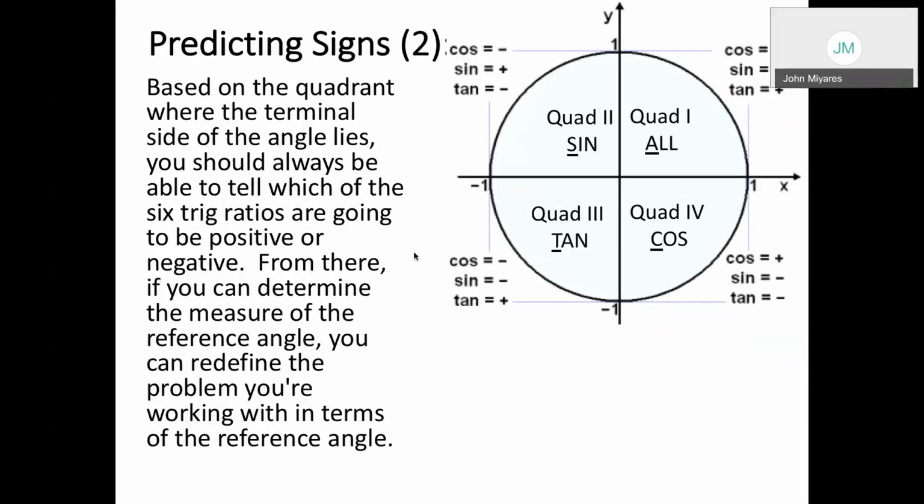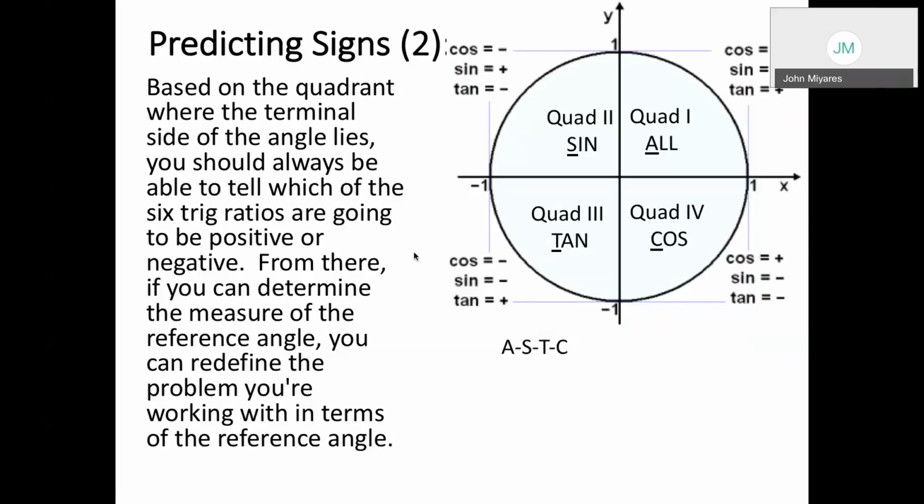If we focus on the first letters of those words as we go around the quadrants, A, S, T, C, for all, sine, tangent, and cosine, if we can remember that pattern, we can do our sign checks on the trigonometric ratios. So how do we remember this pattern of A, S, T, C?